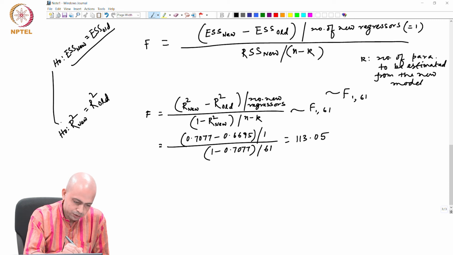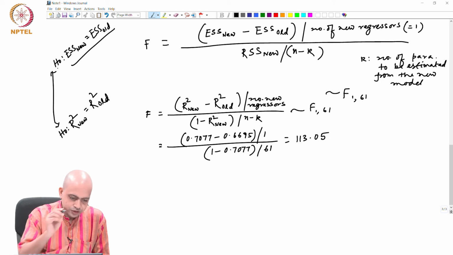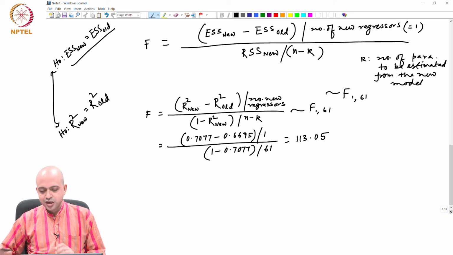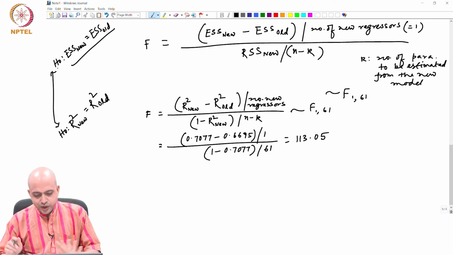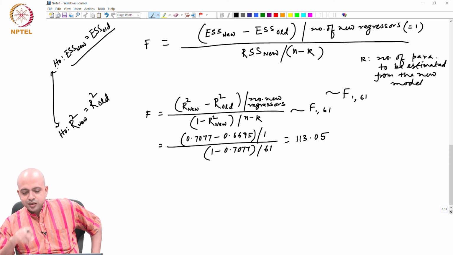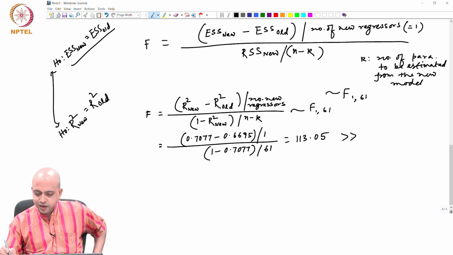Same thing: ESS new equals ESS old is equivalent to saying R square new equals R square old. Since the value, 113, is higher, you can say that this would be significantly greater than the F tabulated even at 1% level of significance.